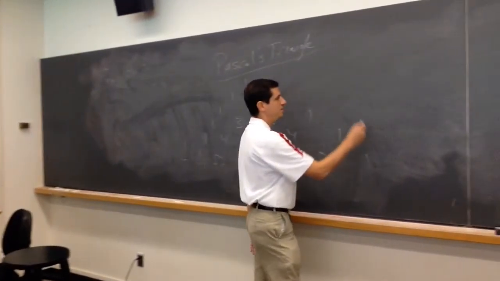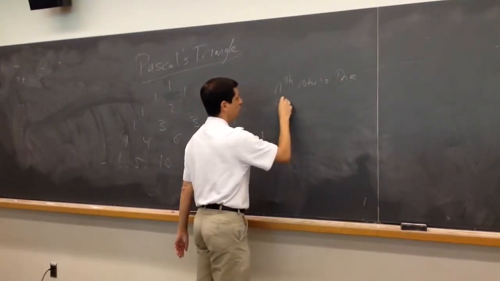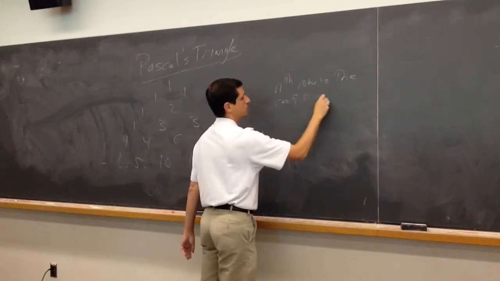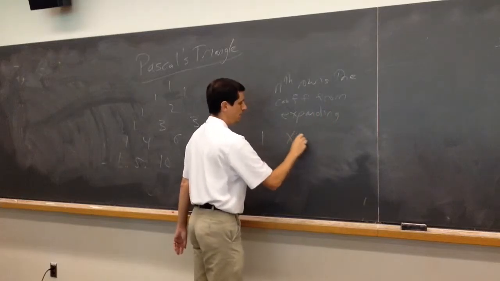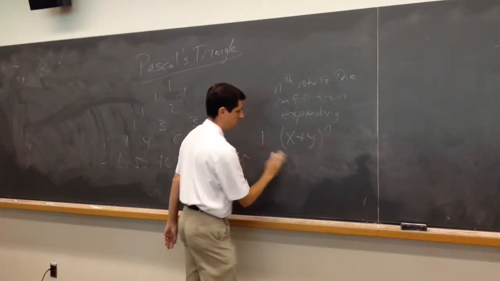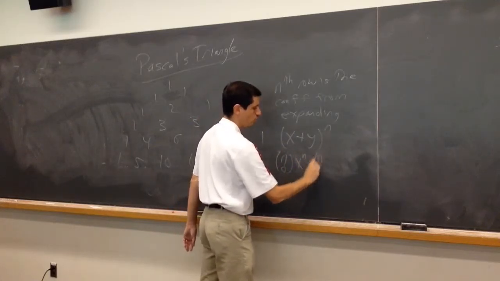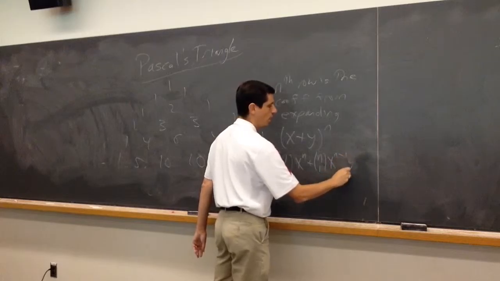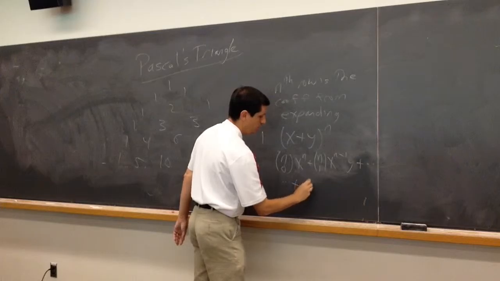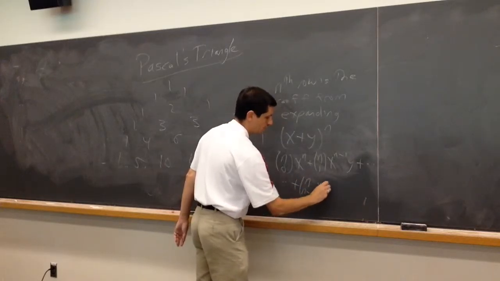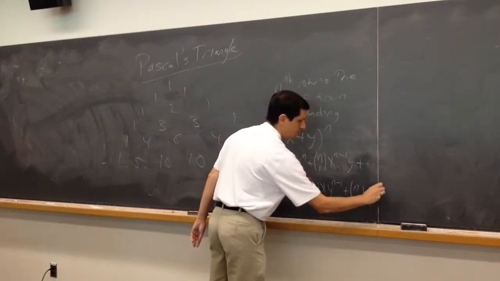So it turns out that the nth row is the coefficients from expanding x plus y to the n. So you get n choose 0, x to the n, plus n choose 1, x to the n minus 1, y, plus dot dot dot, plus n choose n minus 1, x, y to the n minus 1, plus n choose n, y to the n.